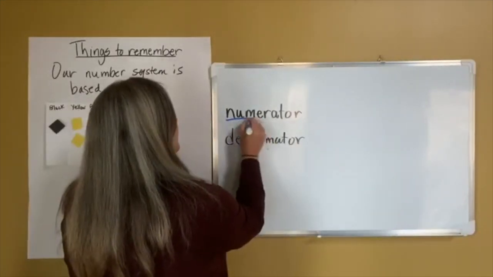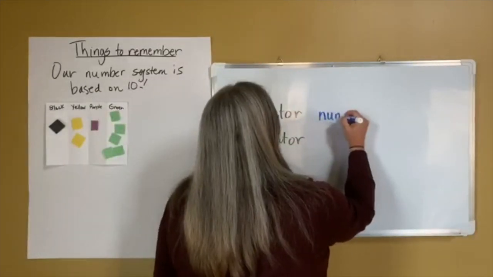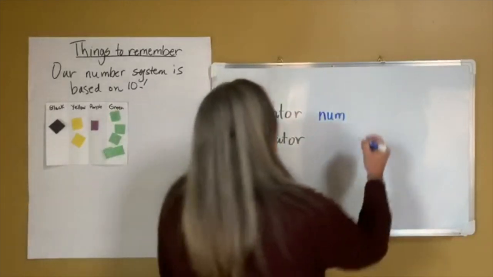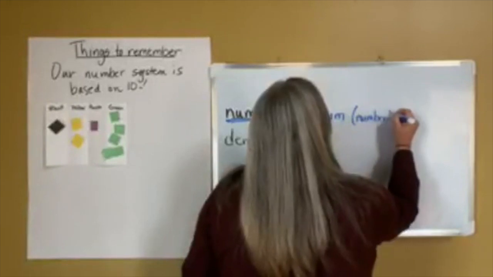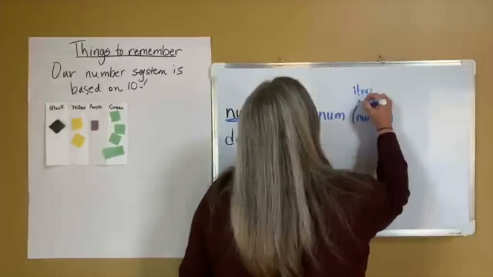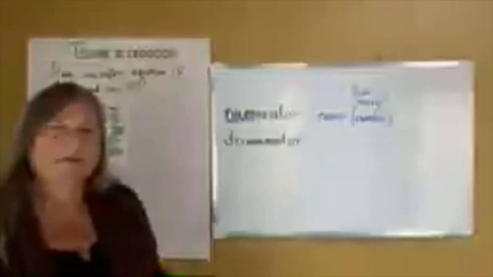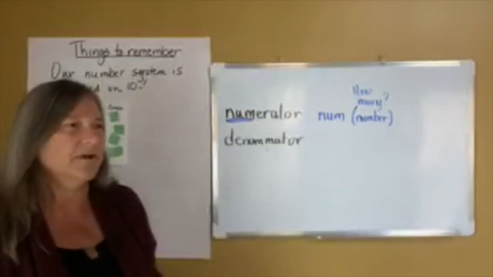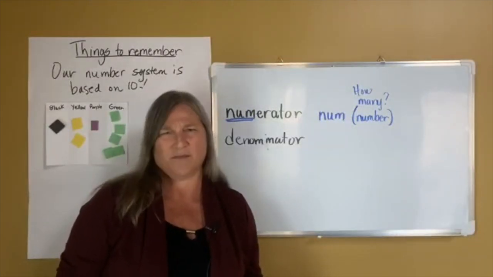The numerator comes from the stem num, which really means number, or how many. That's what it's talking about. How many? So if somebody just comes up to you and says, how many? Your response would probably be, how many what?